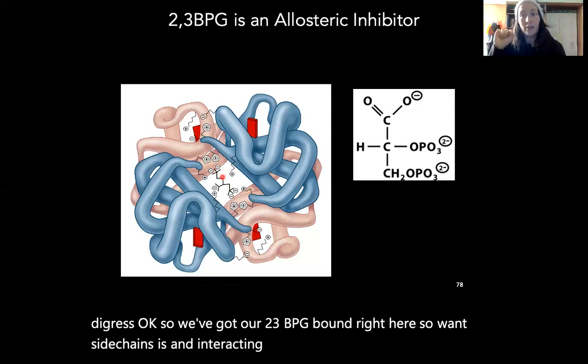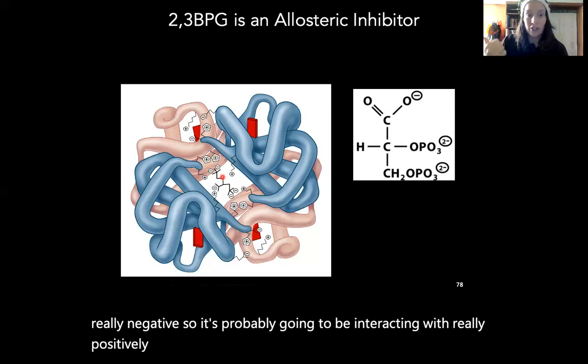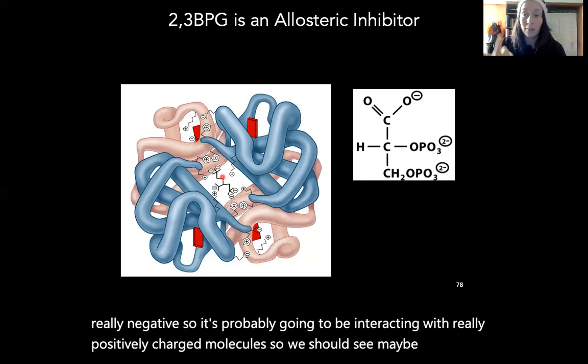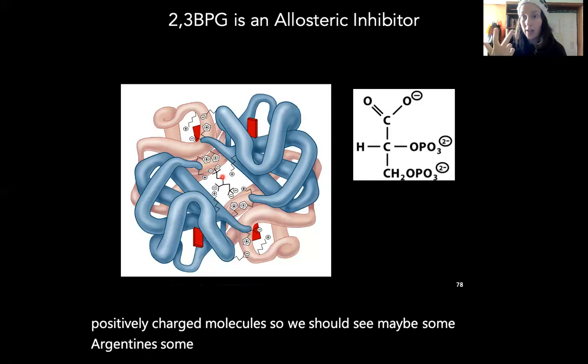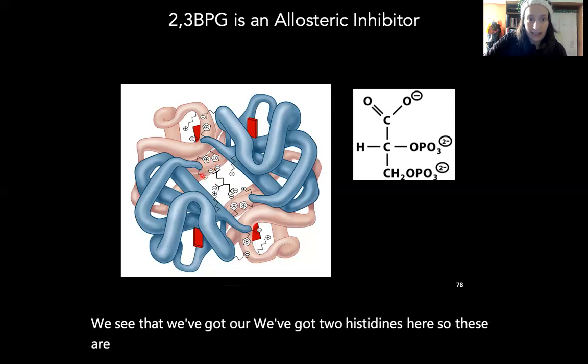We've got to think, this molecule is really negative, so it's probably going to be interacting with really positively charged side chains. So we should see maybe some arginines, some lysines, and some histidines. So what do we see? We've got 2 histidines here. So these are histidines. We've got a lysine here.